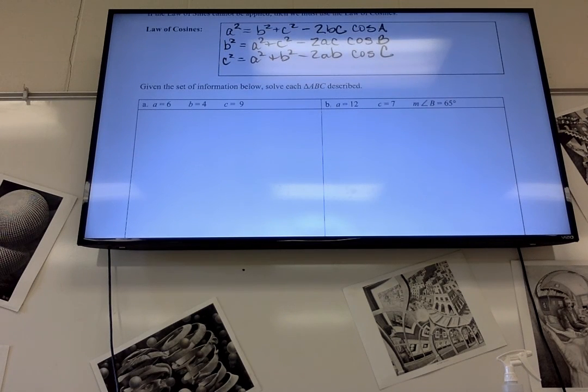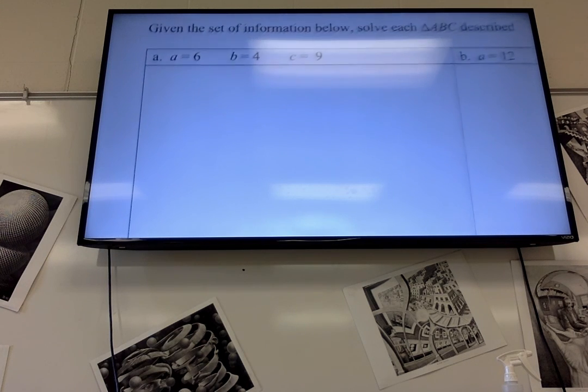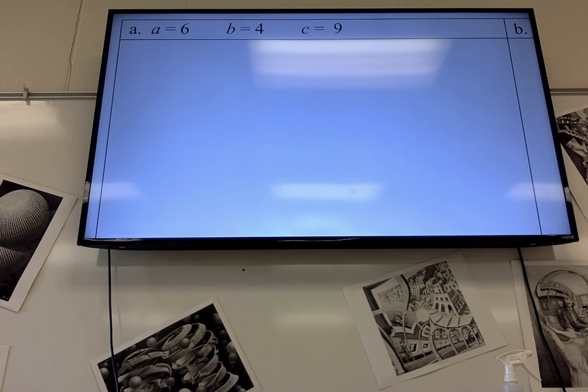So these are two different problems, A and B. We'll start with the one over here on the left, A. Notice this is a side, side, side kind of thing. Again, they don't have to be drawn to scale.